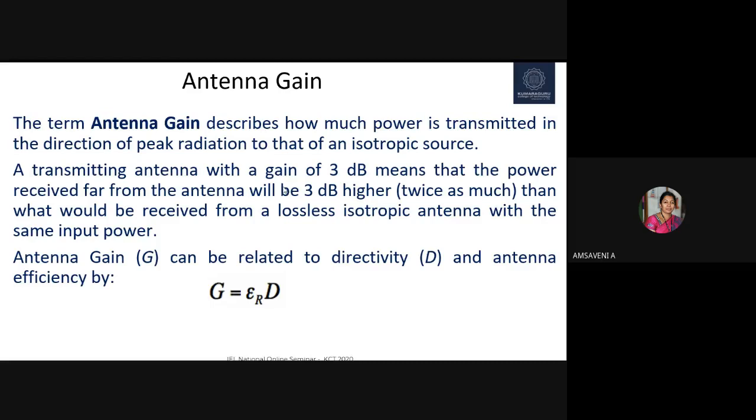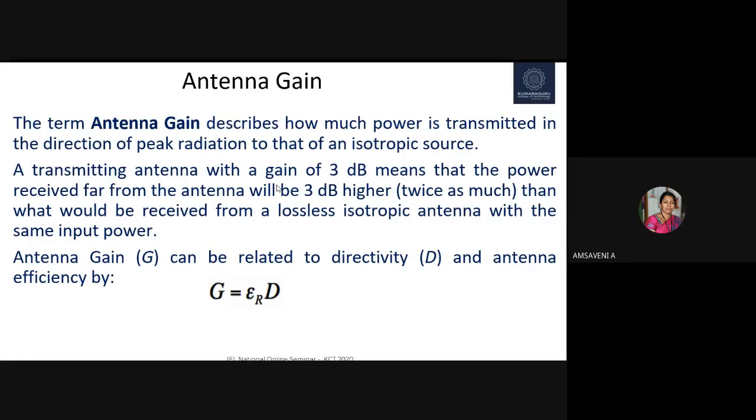So you can't define the gain of an antenna as output power by input power, or output voltage by input voltage. You can't define antenna gain like that, as it's a passive device. Here we have taken one reference antenna, the isotropic antenna, to define the gain. So antenna gain is how much power is transmitted in the direction of peak radiation to that of an isotropic source.